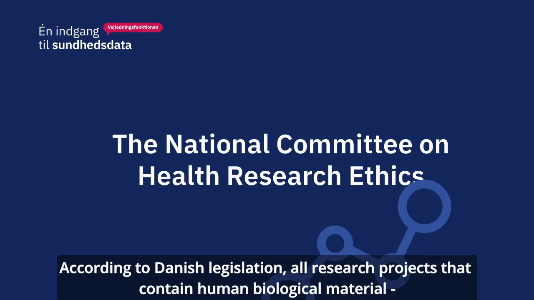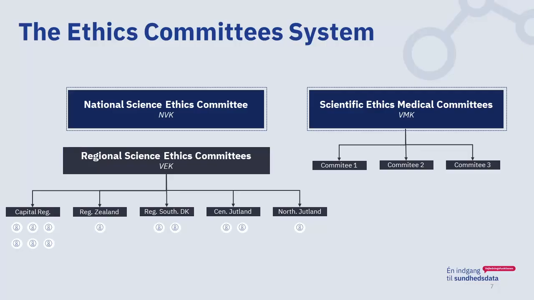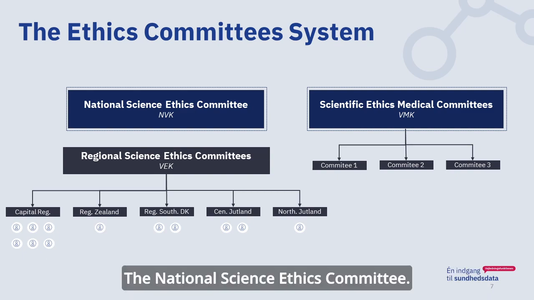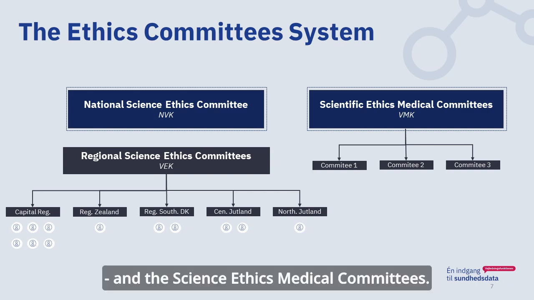According to Danish legislation, all research projects that contain human biological material must be approved by a scientific ethics committee before they can be carried out. In general, the Science Ethics Committee system consists of 3 different committees: the National Science Ethics Committee, the Regional Science Ethics Committees, and the Science Ethics Medical Committees.